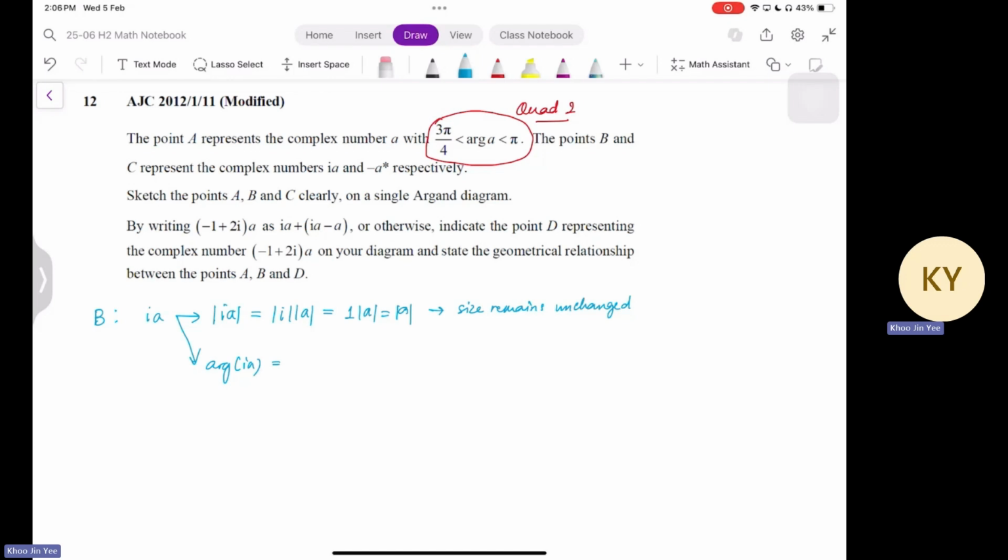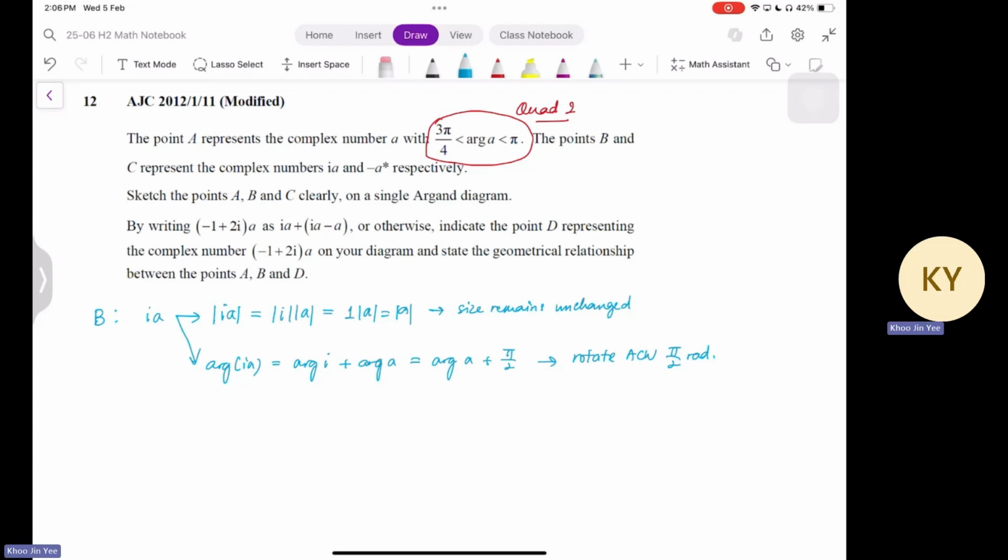Then the argument would be argument of i plus argument of A, so this is argument of A plus pi over 2. When we add pi over 2, we rotate anti-clockwise 90 degrees. So this is the math, this is the reason. Do you need to do all this? Don't need. I'm just writing it out for you to see and think, so when we have a similar question next time, you know what to do.